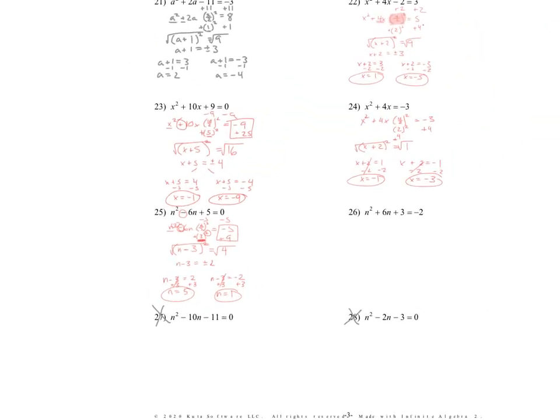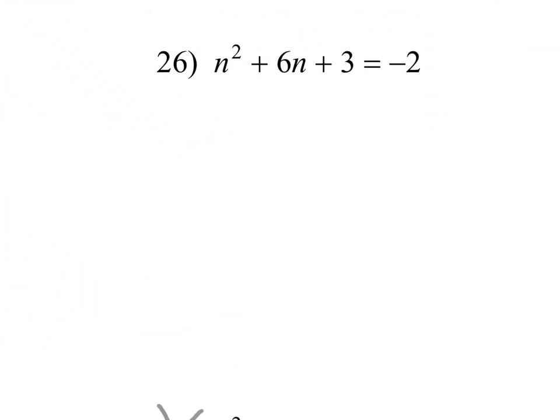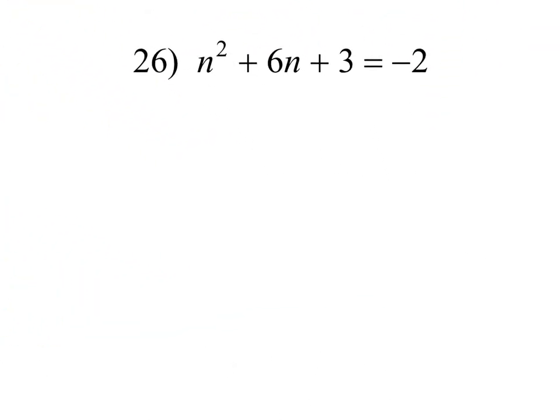Okay, last one, 26. Freda, what do we need to do? So for these, we need to get this to go to the other side. So we subtract 3. So we get n squared plus 6n is equal to negative 5.